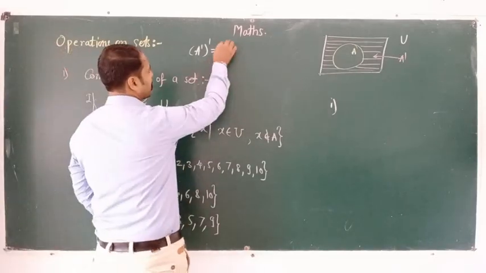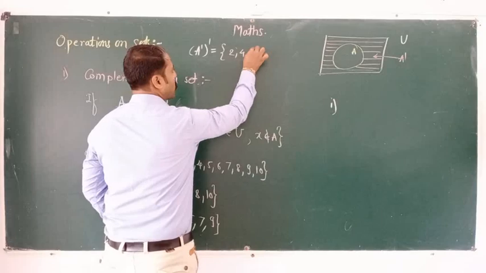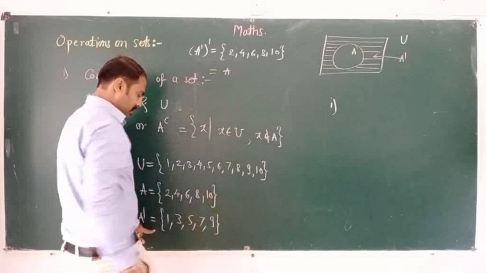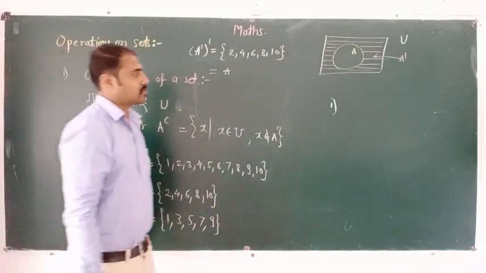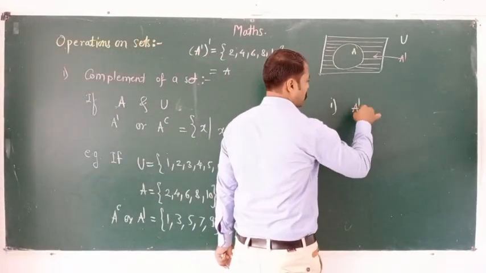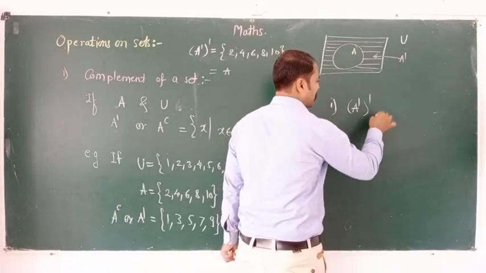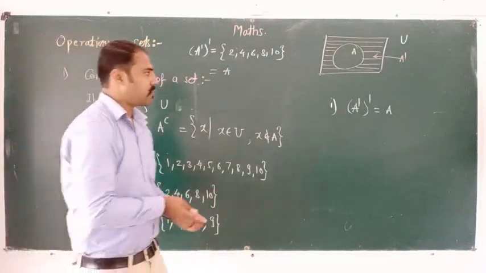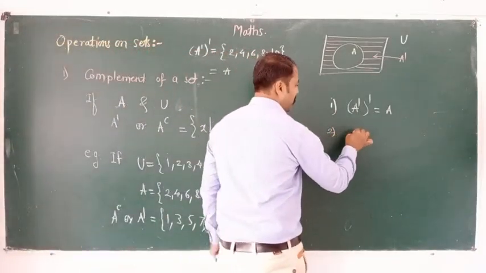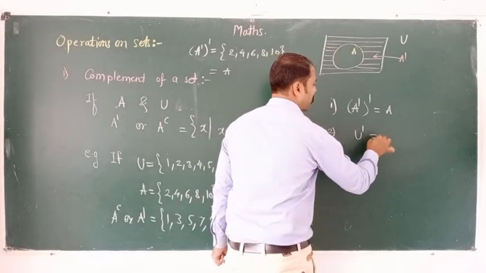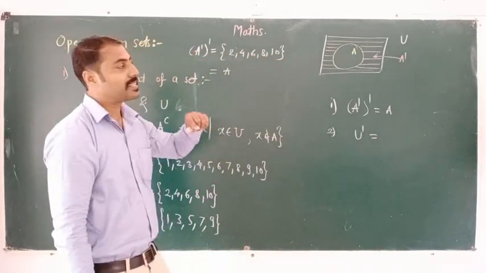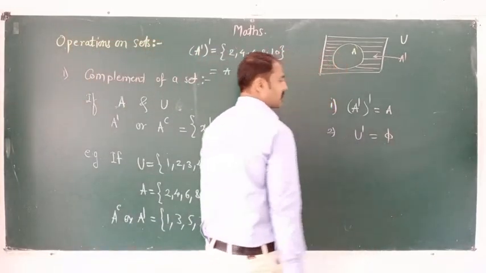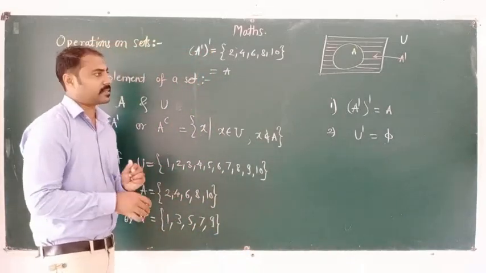It means that they are 2, 4, 6, 8, 10, which is nothing but A. So the first property is that the complement of a complement is the set itself, A. Now if we take the complement of U, that is the universal set's complement, it is clearly a phi set, a null set, an empty set.